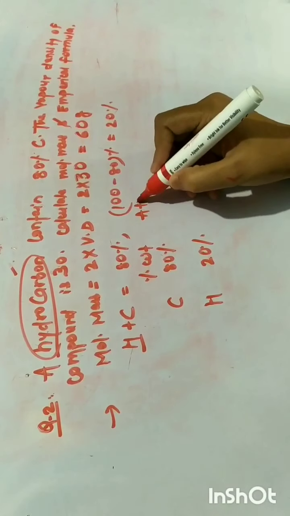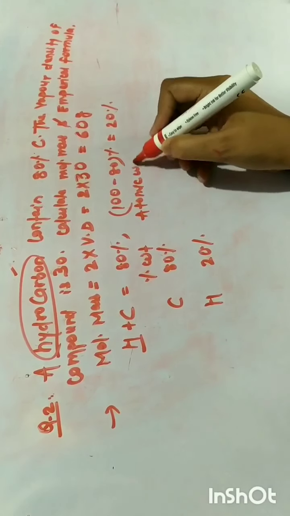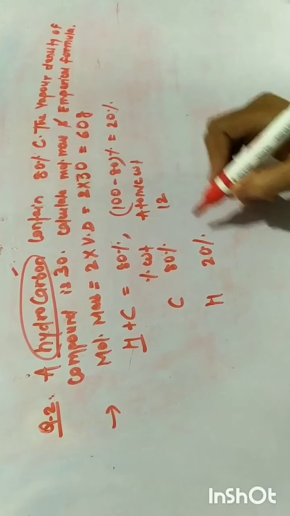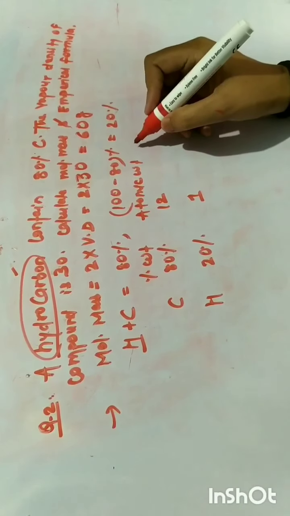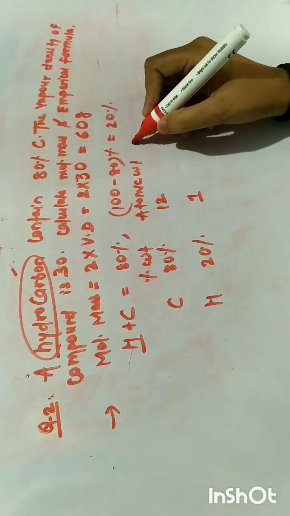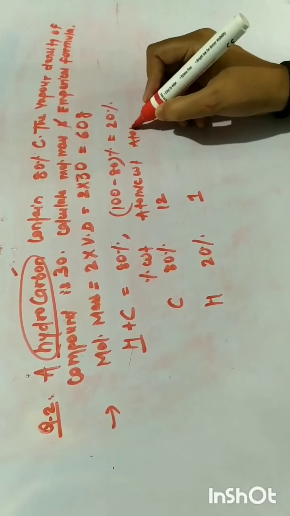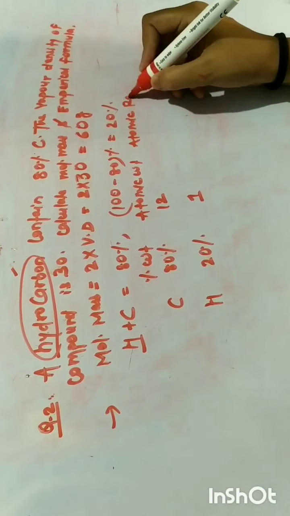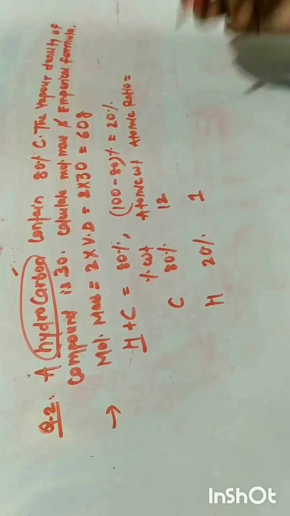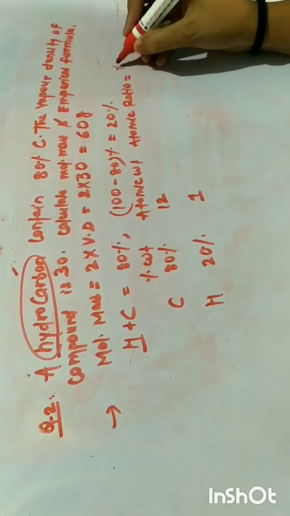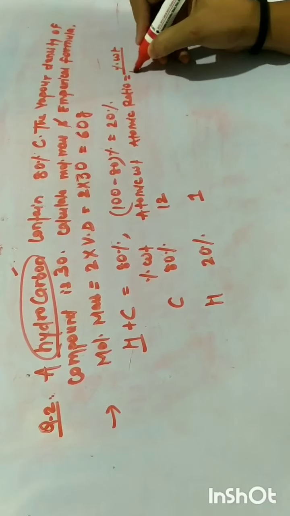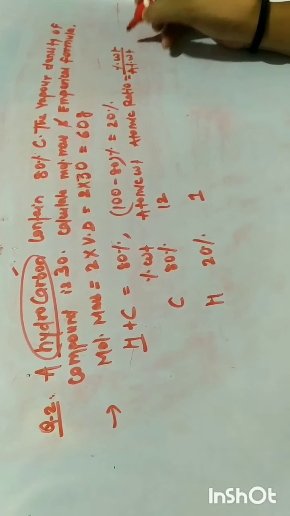Now, the atomic weight of carbon is 12 and for hydrogen it is 1. Now, the next step is atomic ratio. For atomic ratio, we divide the percentage weight by atomic weight.